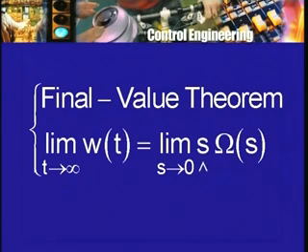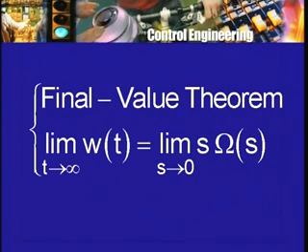The Laplace transform multiplied by s, the limit of that as s tends to 0. Don't forget this multiplying factor s. It is not the limit as s tends to 0 of omega s. It is the limit as s tends to 0 of s omega s. Very often students forget this factor s.